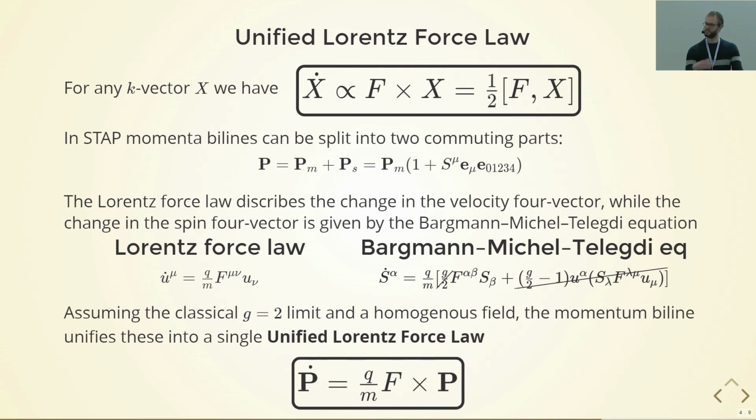So actually there's one single unified Lorentz force law that covers both the velocity part and the spin part at the same time, in the classical limit, so where the g constant is 2 and assuming a homogeneous field. So that's in the simplest case. But again, I'm not making claims about quantum mechanics. Those are still left to explore. But it's really exciting that the degrees of freedom are already present in this algebra.